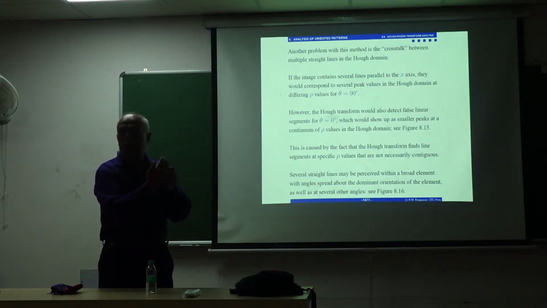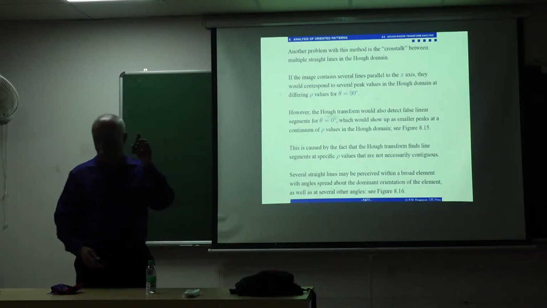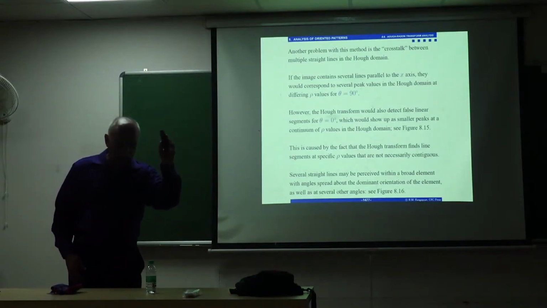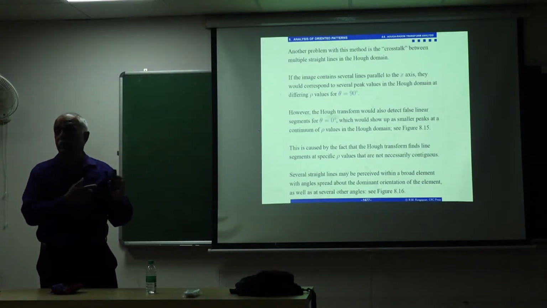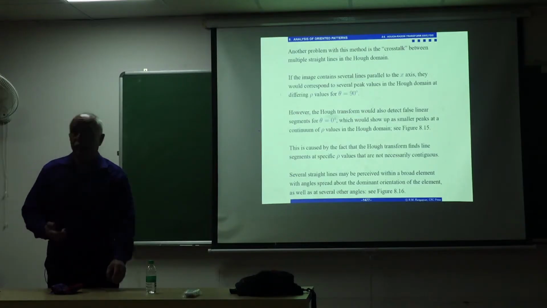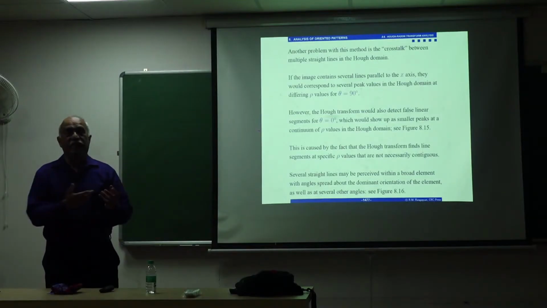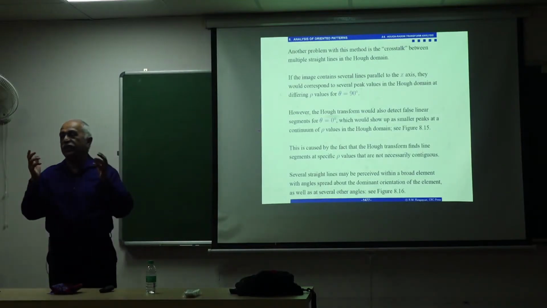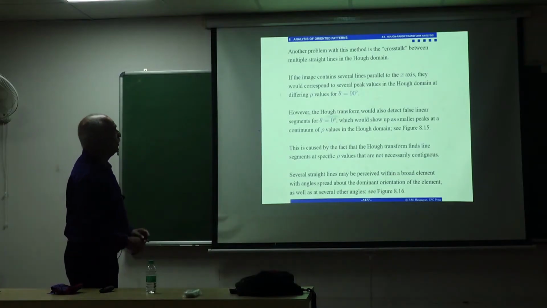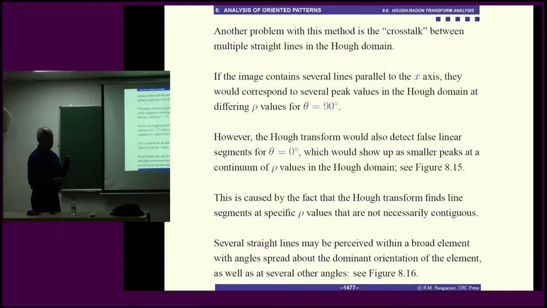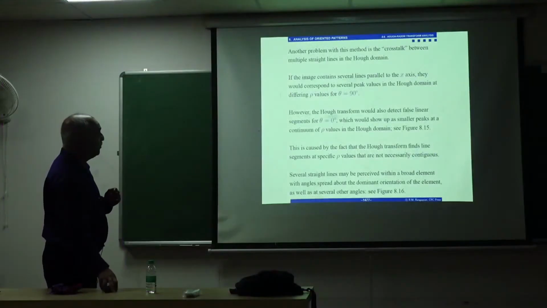So there could be lines of various angles within that thick object, which is not a line, but assume this is a line. Then I can draw so many lines connecting various pixels. I can even draw a line this way. So this thick rectangular line contains lines at various angles if you go one pixel at a time, and that's what we could call crosstalk between multiple straight lines in the Hough domain.